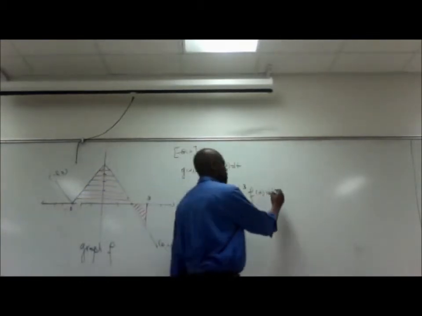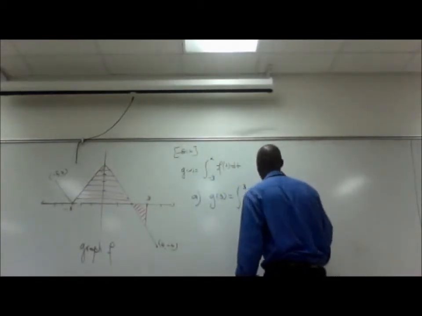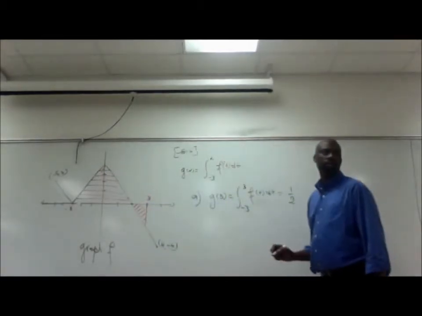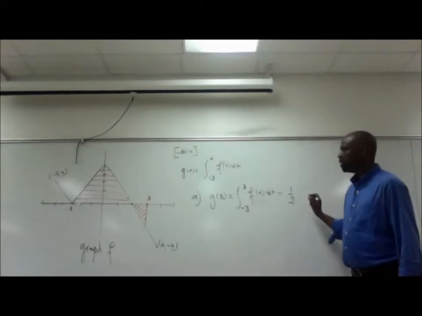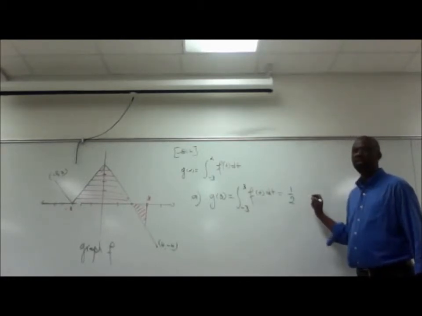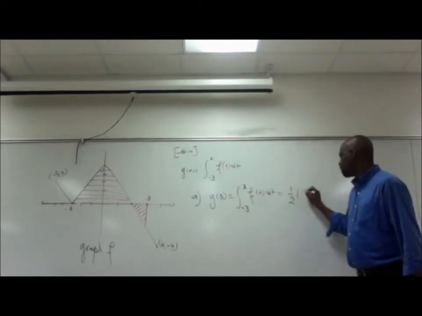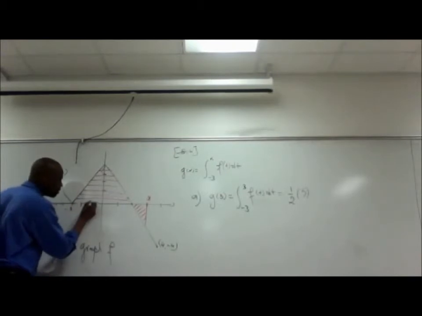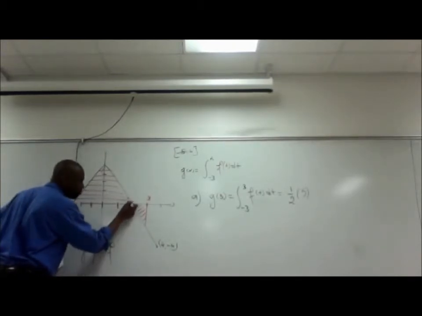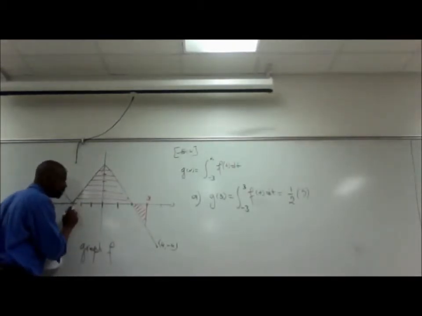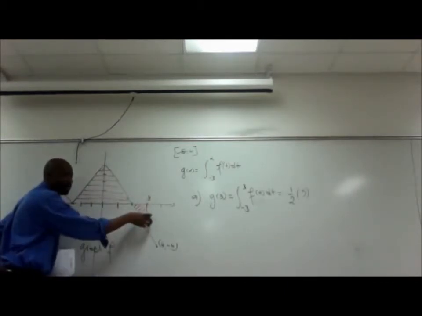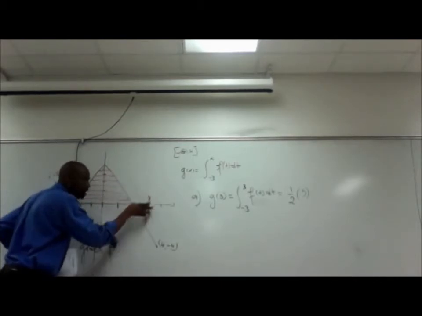So I put half. What is the base of the first triangle? 1, 2, 3, 4, 5. This is the second triangle, so you need to do this triangle and this triangle.